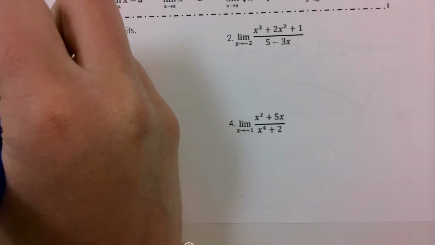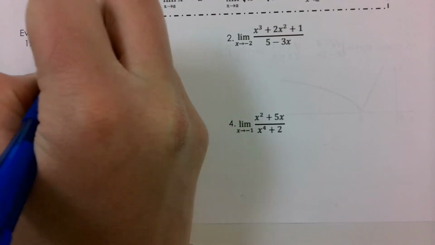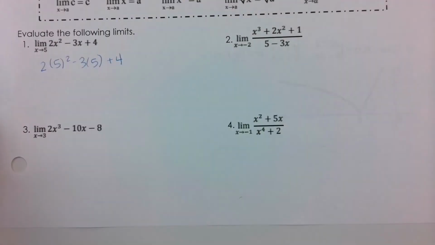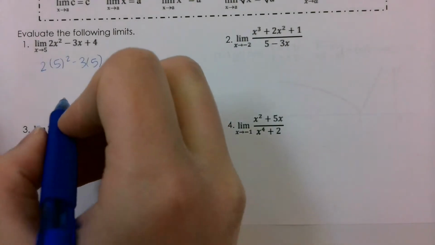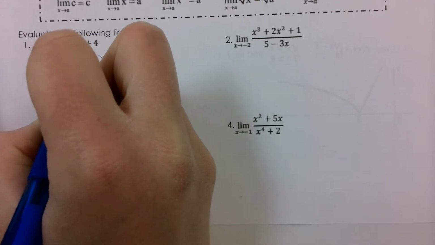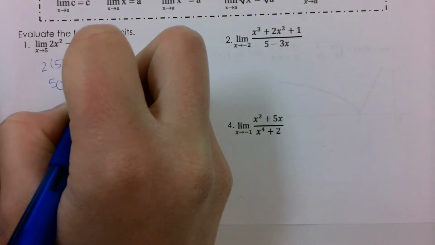So we're going to do 2 times 5 squared minus 3 times 5 plus 4. So 5 squared is what? 25. Times 2? And minus 3 times 5 plus 4.